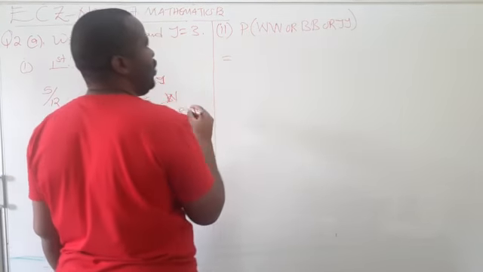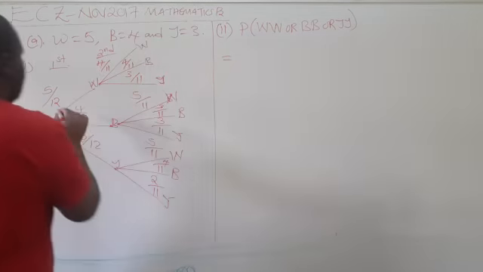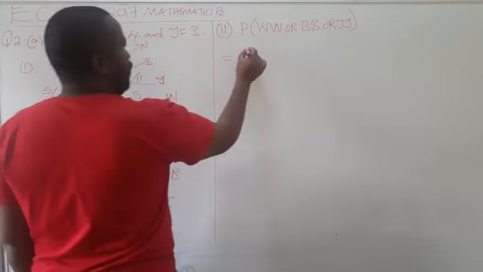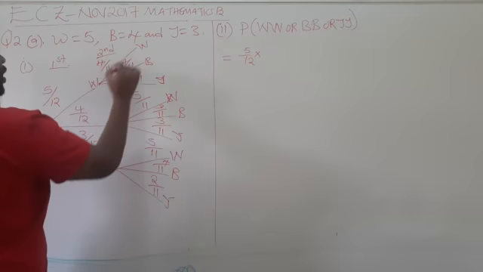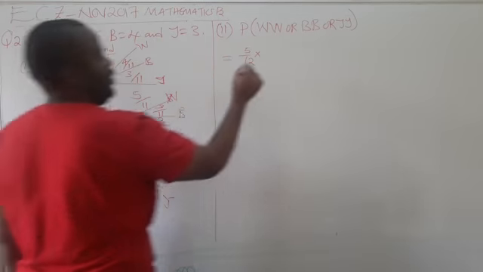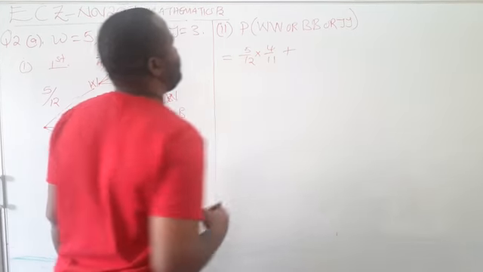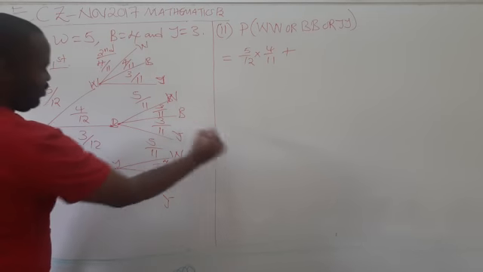So what we are going to do is, we'll say, what's the probability of white in the first and white in the second? Just go and map them. Here it is 5 over 12 white. So we have got 5 over 12 times what is white here? 4 over 11, plus BB. Blue here and blue there.